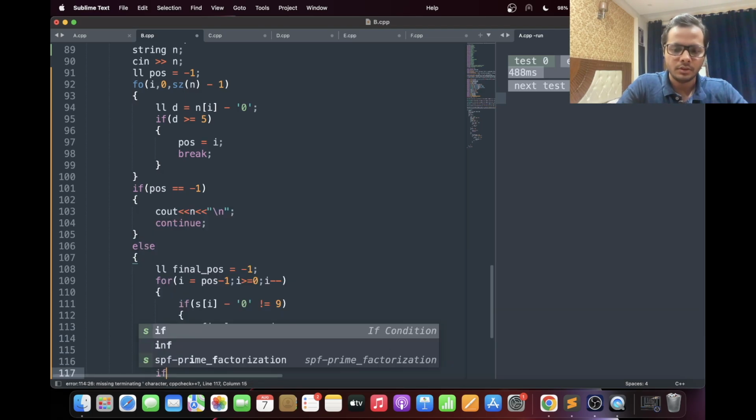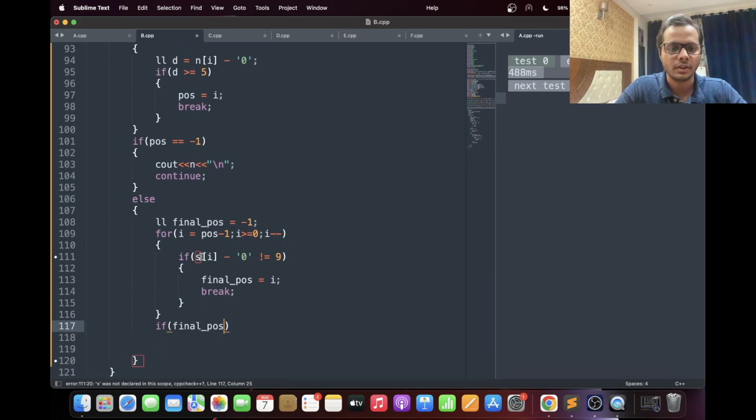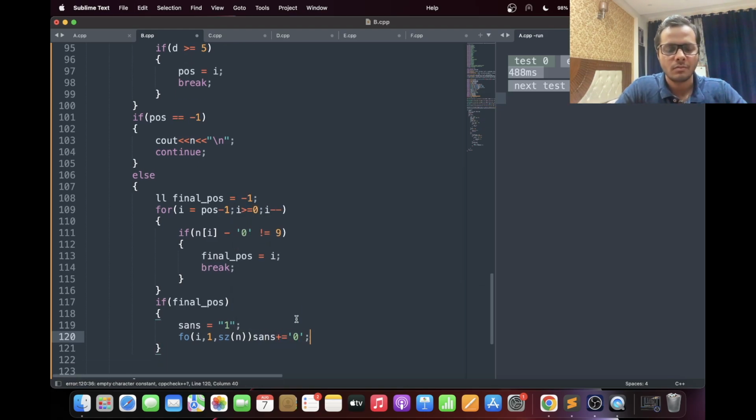So now if final pos is equal to -1, then that means that all the numbers before us were 9s, okay. So then we'll just say that answer is equal to 1 and for the entire size of the string we'll just append zeros. So answer plus equal to 0.